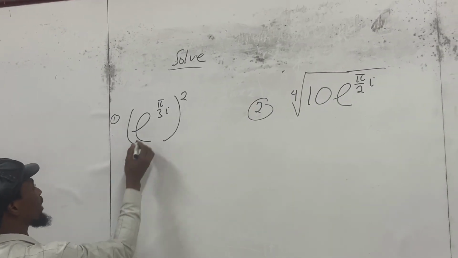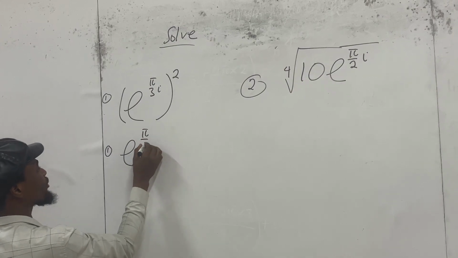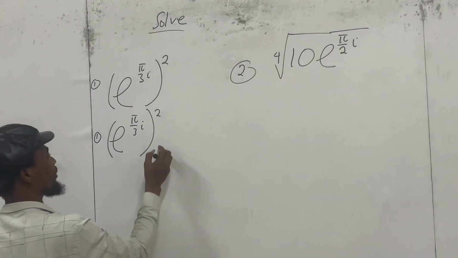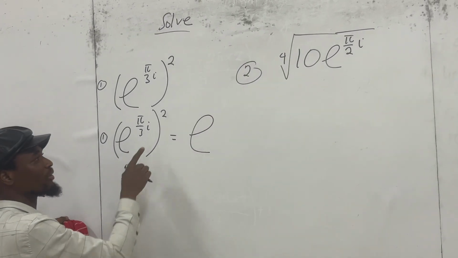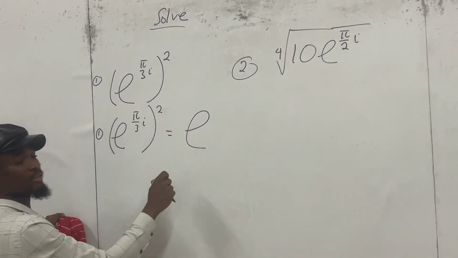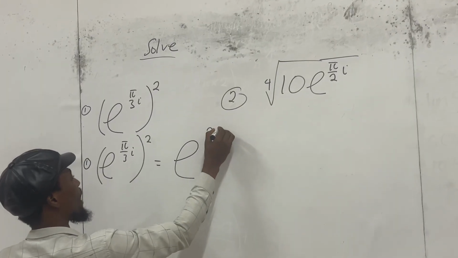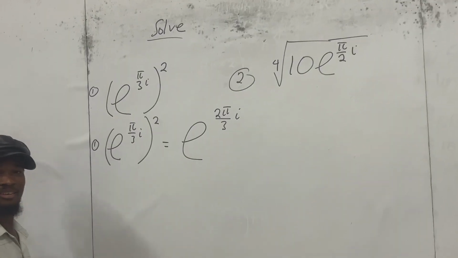Viewers, we know that e to the power pi over 3i all squared is the same as e to the power, and our basic algebra will tell us that 2 multiplies this, right? So we have 2 pi over 3i.